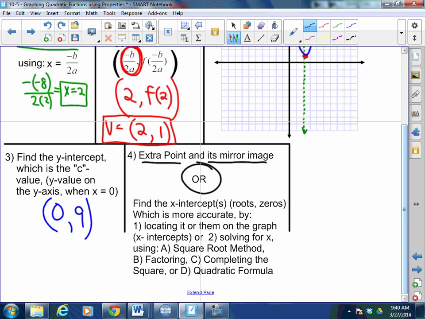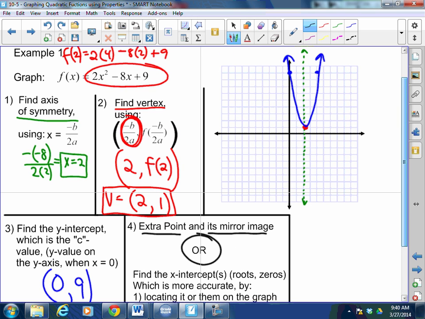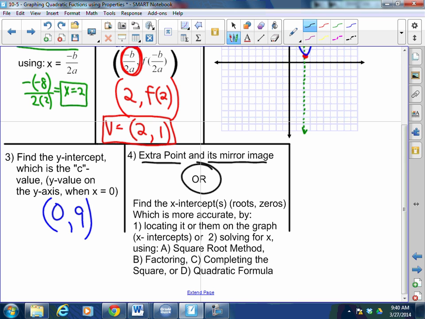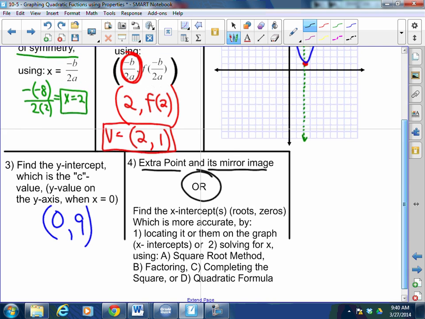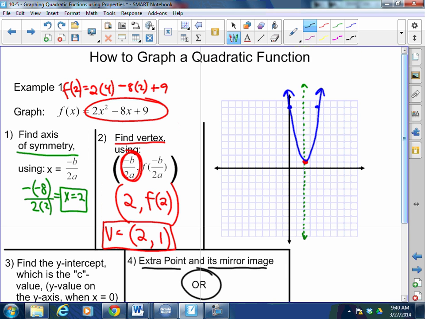So find the x-intercepts, the roots, the zeros, either one, which is more accurate by either locating them on the graph. In this case, do I have any solutions? No. Or solving for x using A, the square root method, B, factoring, C, completing the square, or D, the quadratic formula. In this particular case, I just asked you to graph.